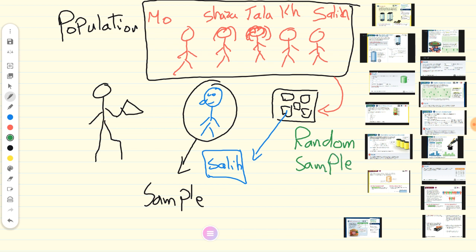So, first, I have to define the population. Population is the entire number of students, which is Muhammad, Shaza, Tala, Khalid, Saleh. Then we need one to represent them to save time, the time of Mr. Ahmed and their time. So we will all benefit.